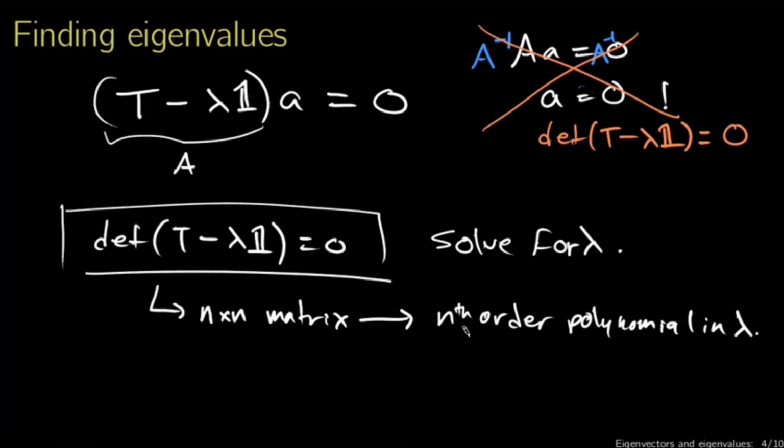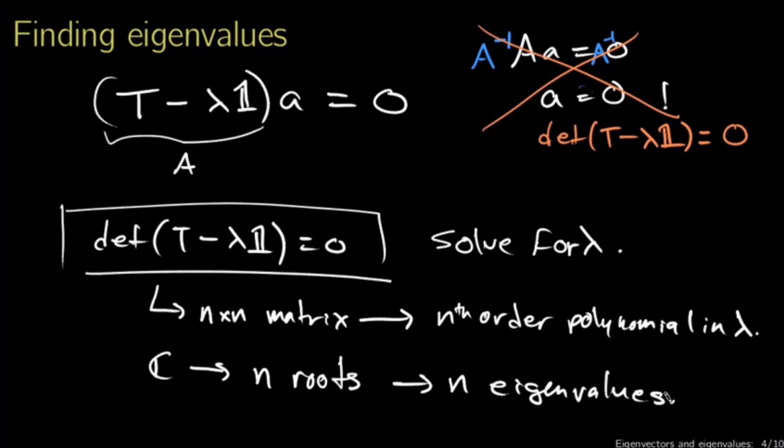So if we have an nth order polynomial, we're working with complex numbers, we have n roots, so we have n eigenvalues. These eigenvalues are not necessarily distinct, but we should have n of them. So whatever the dimension of our space is, whatever the size of our matrix is, we should get that many eigenvalues.